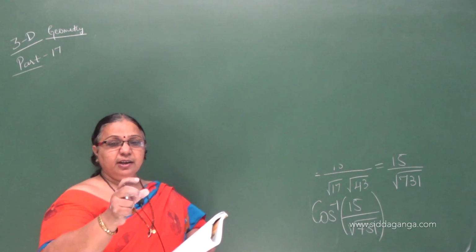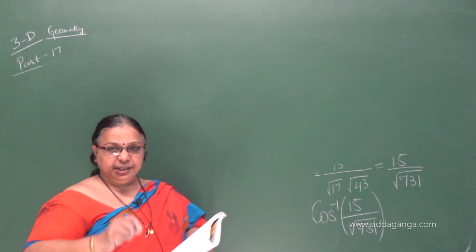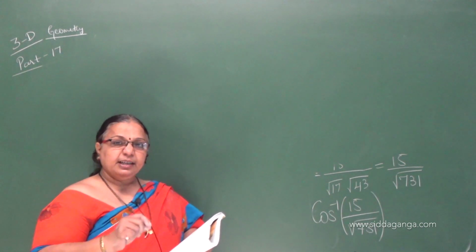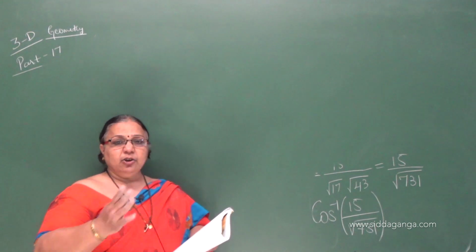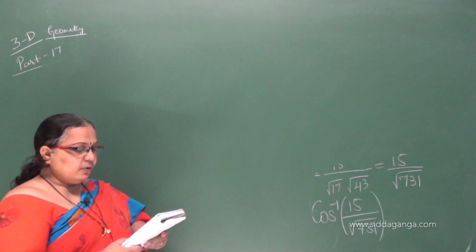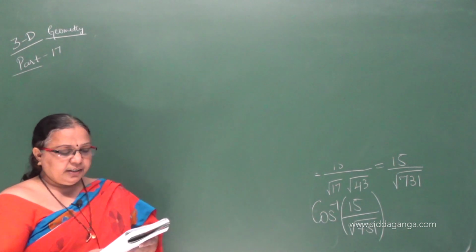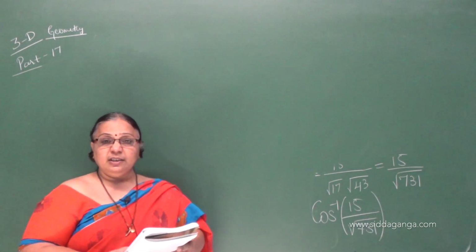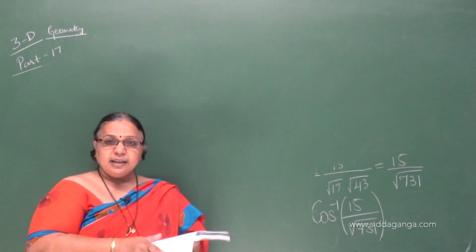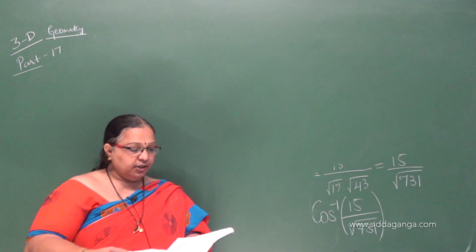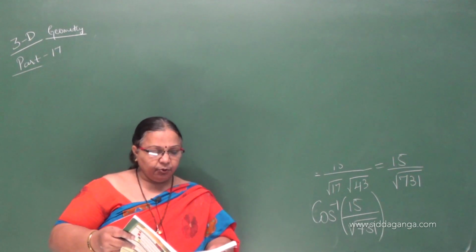If perpendicular, theta is 90 degrees; if parallel, theta is 0 degrees. But if neither parallel nor perpendicular, we have to find the answer from cos theta. I think question number 13 we shall solve in the next class. So you try as many problems as possible on the angle between the two planes.